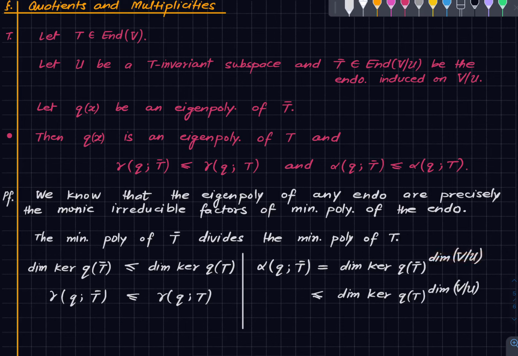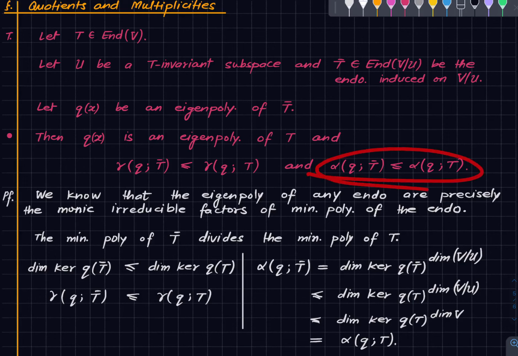But this is obviously less than or equal to the dimension of the kernel of Q(T) to the larger power, because this number is at most that number, and what we have here is the algebraic multiplicity. That's it. That proves the second part also.